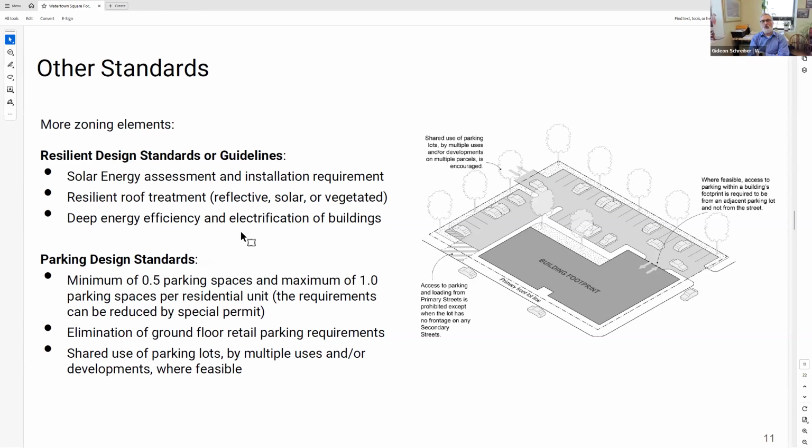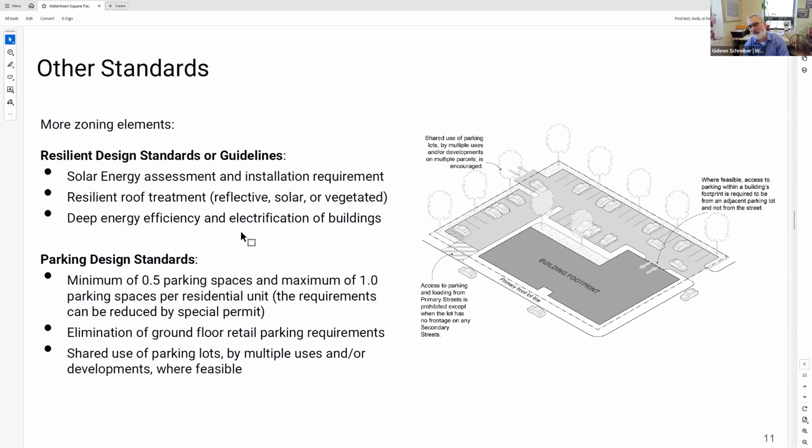To speak to what Loren mentioned with parking, and this is probably extreme in a lot of instances, we removed the parking requirement for commercial and reduced the parking requirement for residential to 0.5 spaces.